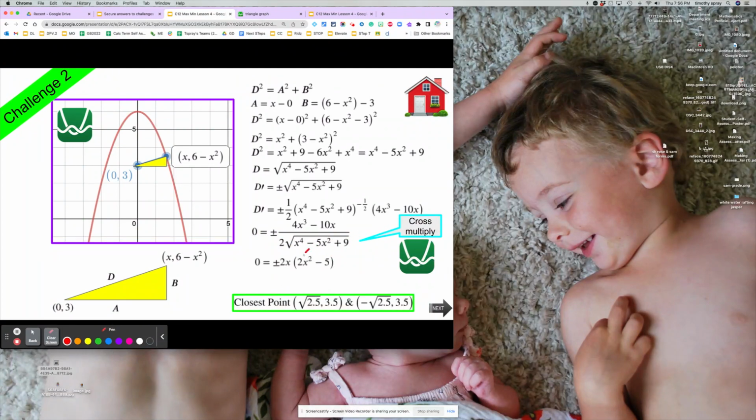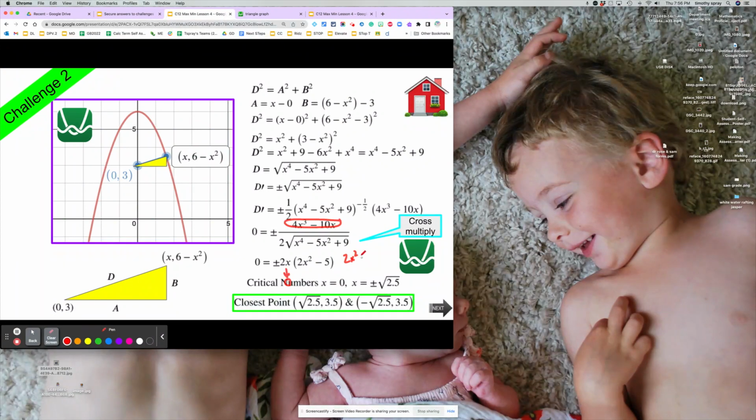Okay, so then we're just going to factor that thing, which I've done, 2x and 2x squared minus 5. And obviously one of the critical numbers would be 0, which doesn't make a ton of sense here if you think about it. And the other ones are going to be the square root of this value, which was taken by going 2x squared minus 5.